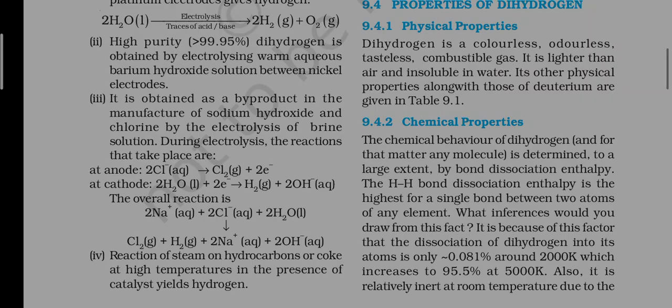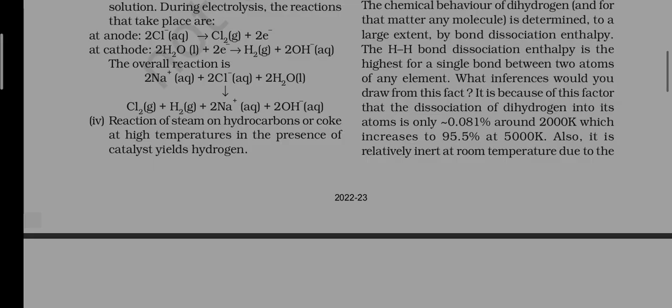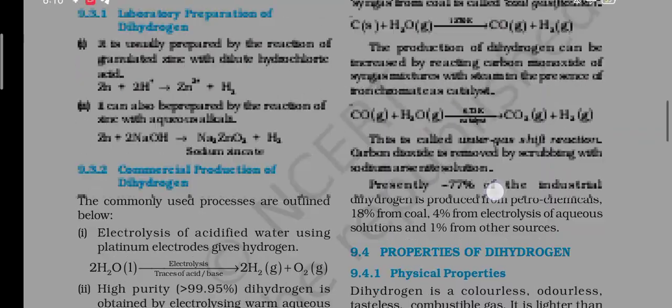During electrolysis, the reaction which takes place at anode is 2Cl⁻ gives Cl₂ plus 2 electrons, and at cathode 2H₂O plus 2 electrons gives H₂ plus 2OH⁻. Reaction of steam on hydrocarbon or coke at high temperature in the presence of catalyst yields hydrogen.